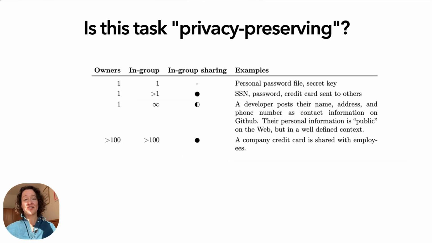Then the third question I have for us to think about today is to start questioning: is the task that we're doing actually privacy preserving? This is from a really thought-provoking paper that, if you work with language data, I highly recommend you check out. It's by Brown et al. They looked at basically whether a language model, the way we build them today, can ever be privacy preserving.